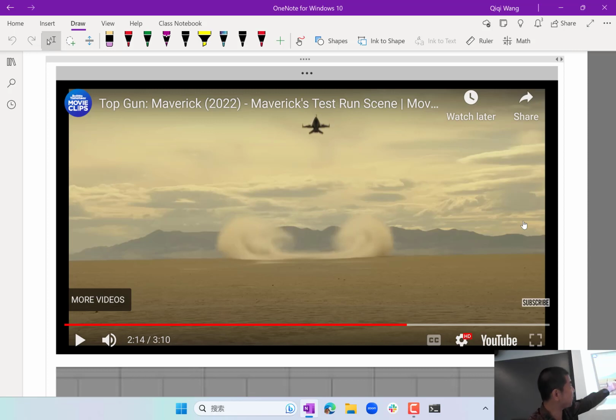Here you can clearly see the downwards air impinging on the desert. So this is a very illustrative scenario for how the air, especially from a macroscopic point of view, has to move around the lifting body.